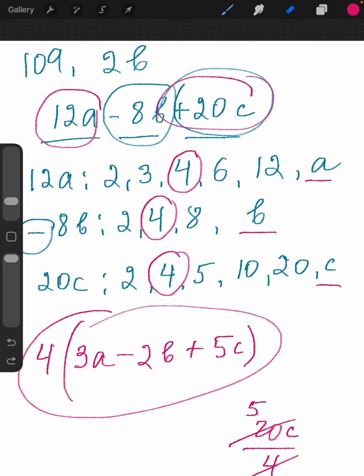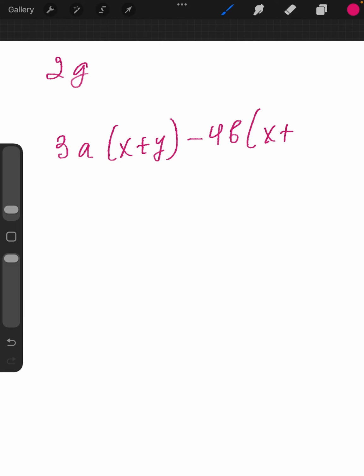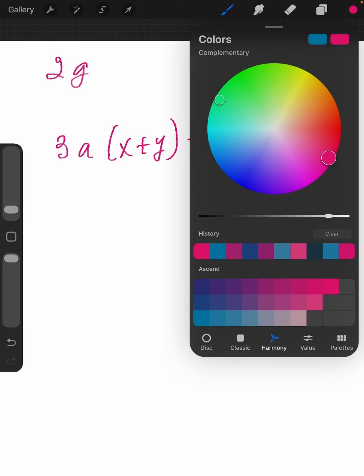Now, I would like to show you an example of another type of factorization. So let's see. Let's do 2g, right? We've got 3a(x plus y) minus 4b(x plus y). Okay, so normally we are used to factorizing a number, right?